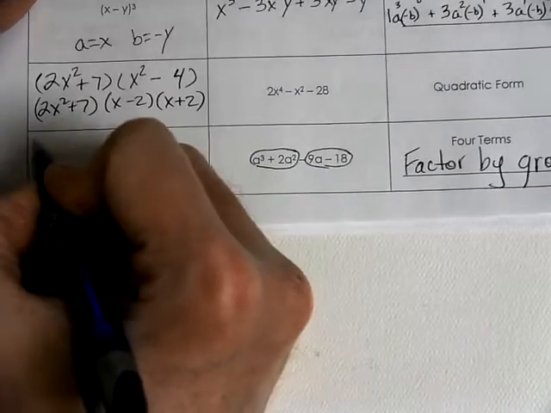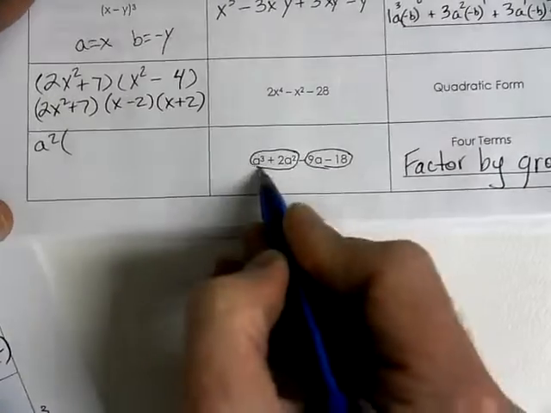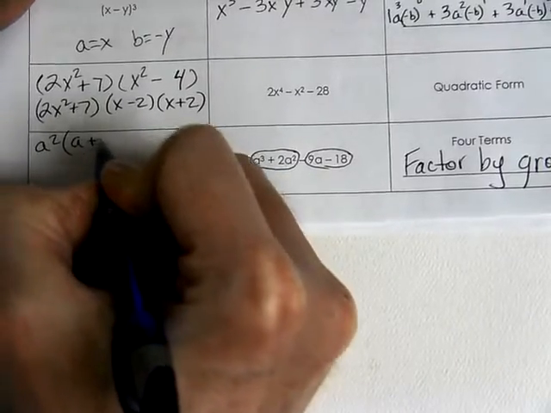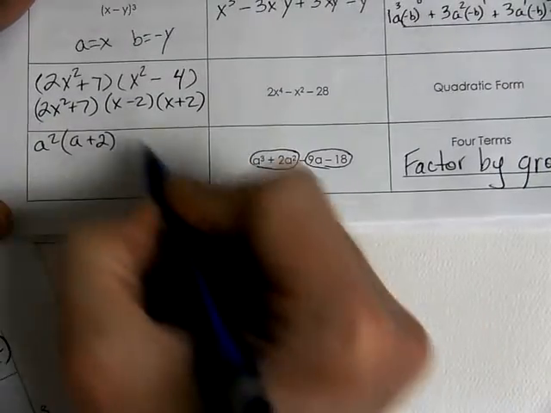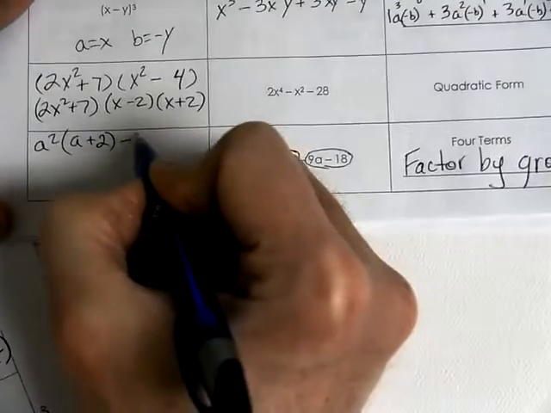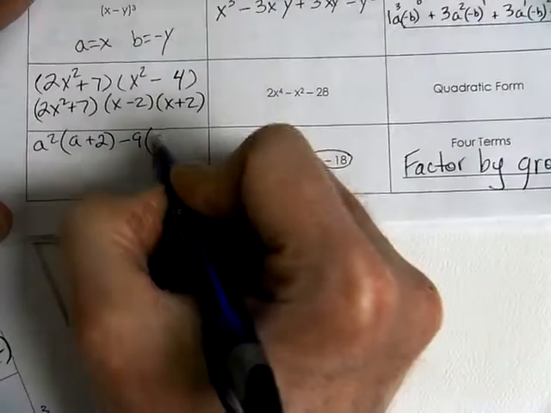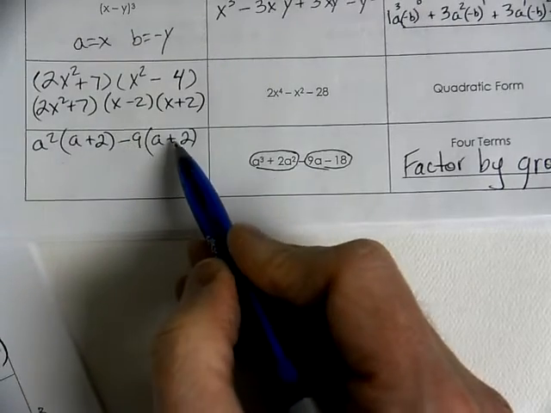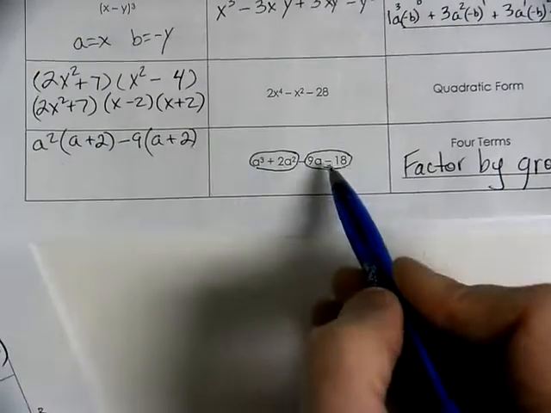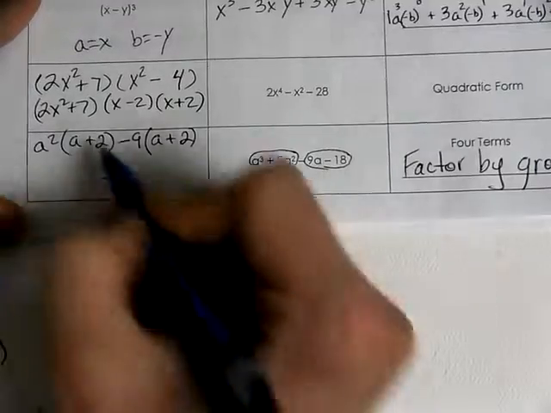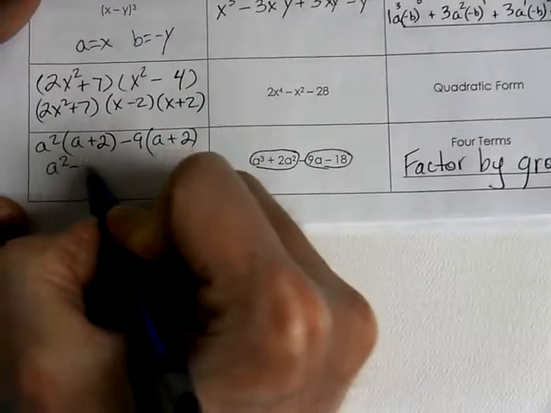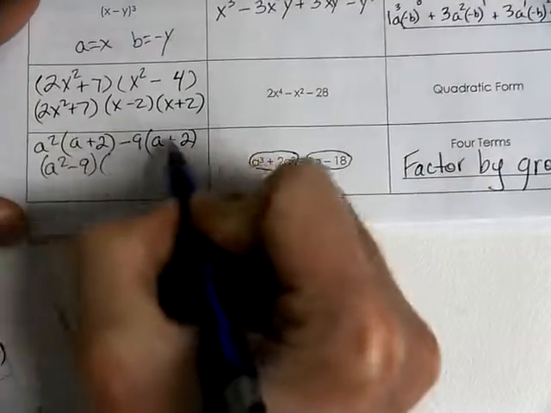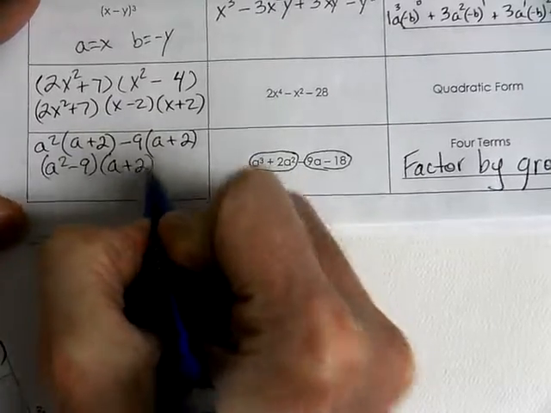Factor out what you can. That's going to be an a squared, which is going to leave you an a plus 2, minus, factor out what you can, leaves you an a plus 2, because negative 9 times positive 2 gives you negative 18. This is a squared minus 9, a plus 2.